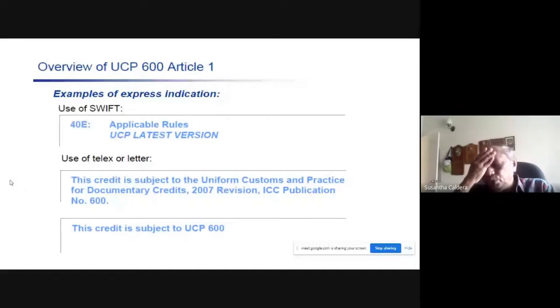I think I have told you sometime back, I have come across a Nigerian LC. It was a mail LC, which they have mentioned. Normally we type, this credit is subject to UCP 600. But they had typed, this credit is not subject to UCP 600.